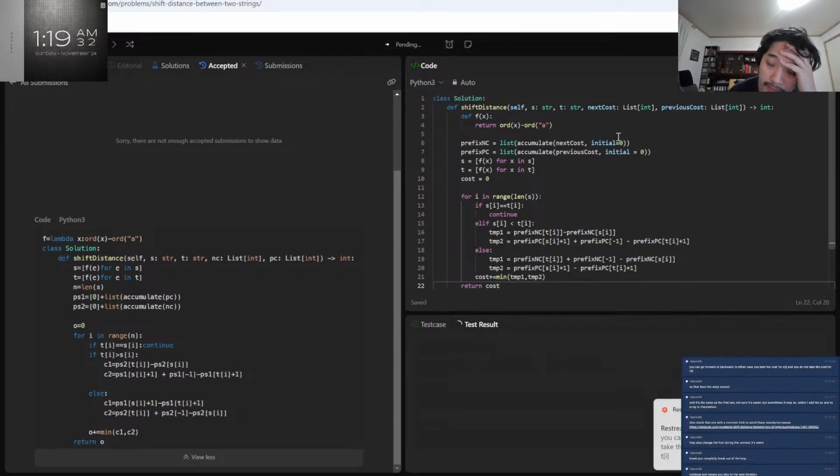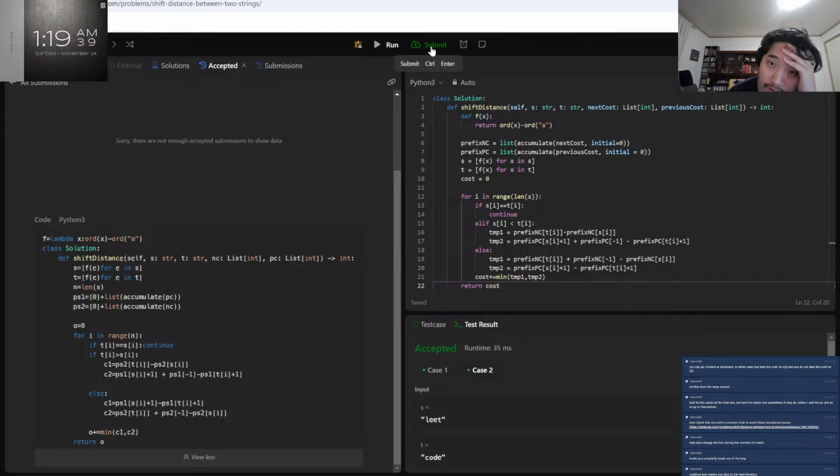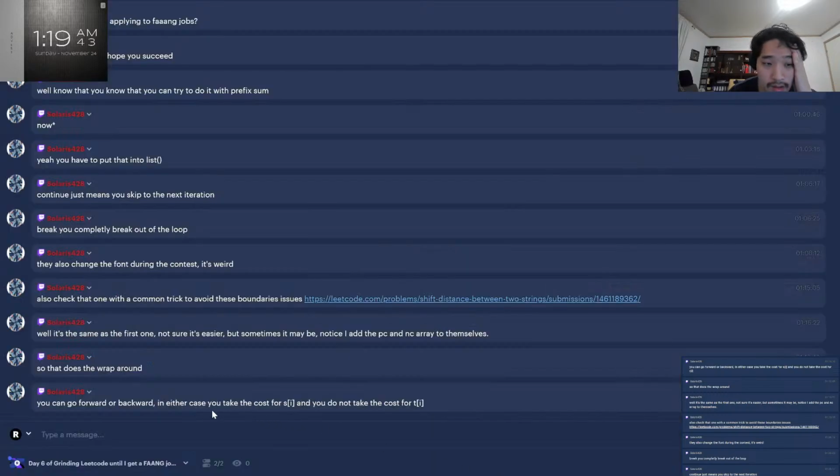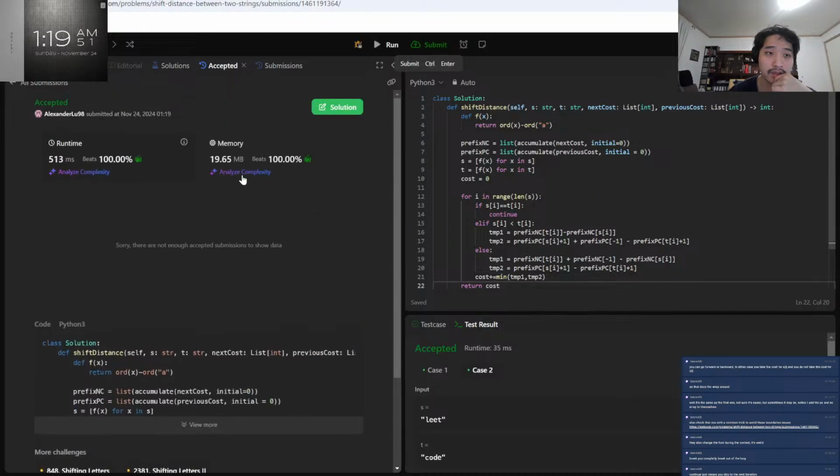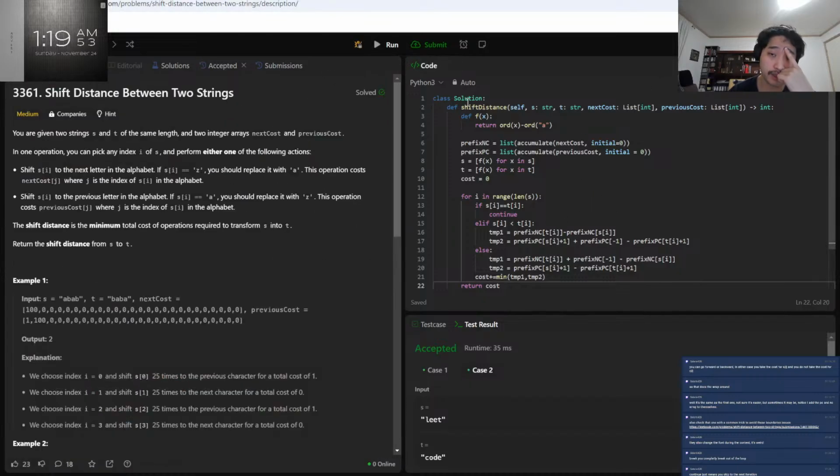You can go forward or backward. In either case you take the cost for SI and you do not take the cost for TI. In either case you take the cost for SI and do not take the cost for TI. Okay, so looks like I need to watch more about prefix again.